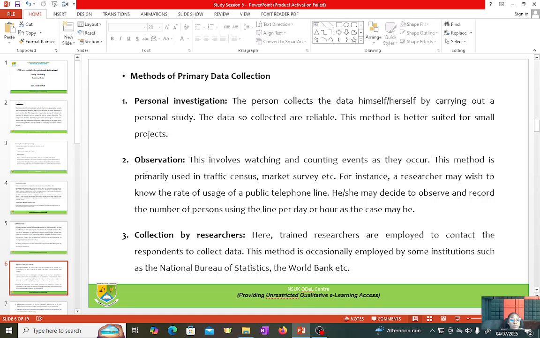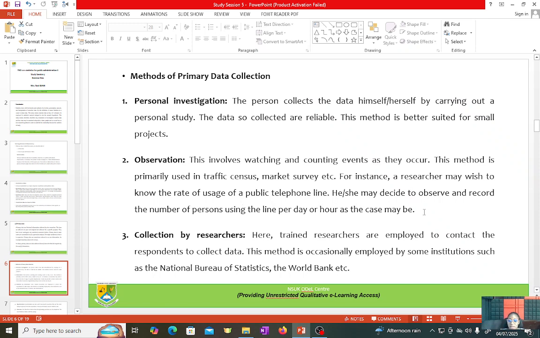implications will apply. Observation, you could also collect primary data through observation. This involves watching and counting events as they occur. This method is primarily used in traffic census, market survey, etc. For instance, a researcher may wish to know the rate of usage of a public telephone line.